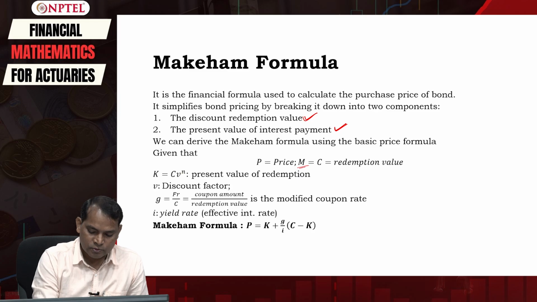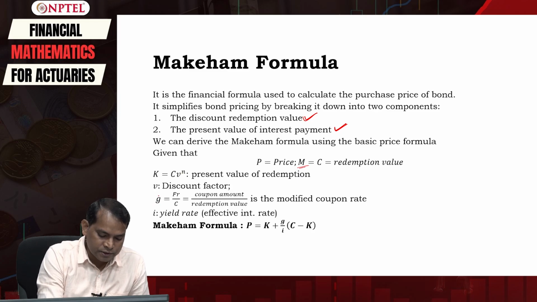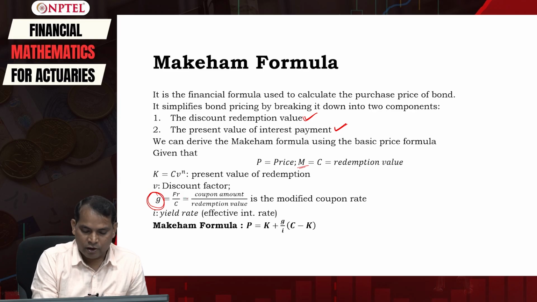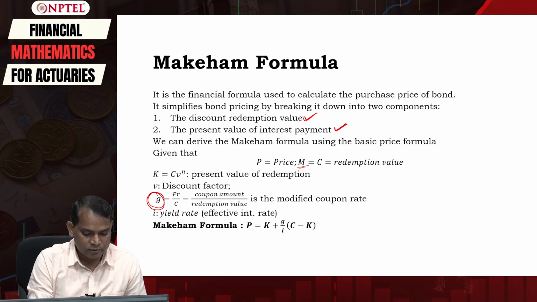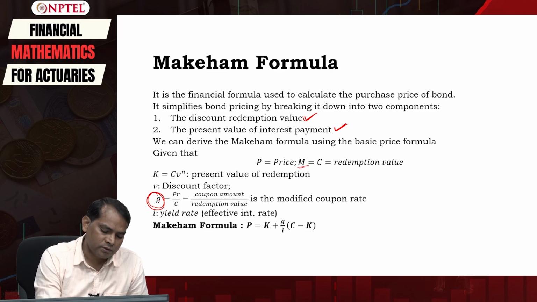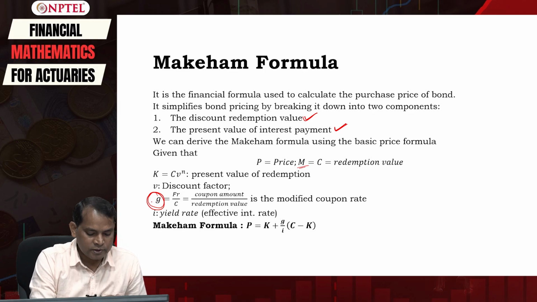We can use the modified coupon rate. G is the modified coupon rate, which is equal to Fr upon C, the coupon amount divided by the redemption value, and therefore this is also known as the modified coupon rate.